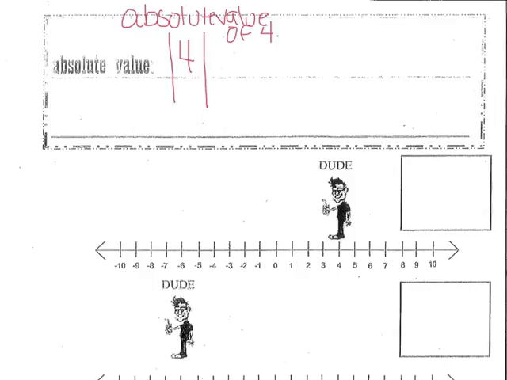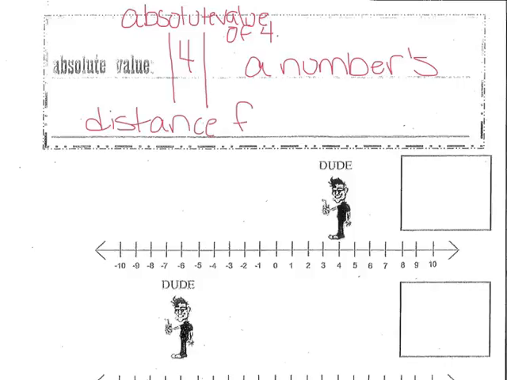What absolute value really means is a number's distance from 0. Now, when we talk distance, we always mean positive. So absolute value, this is super important.